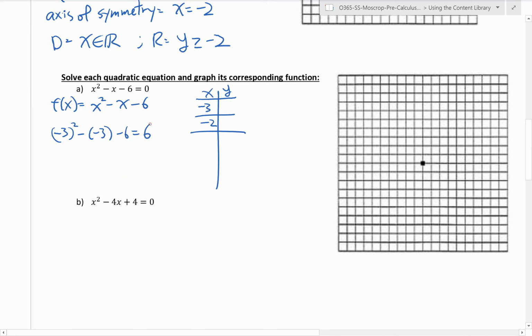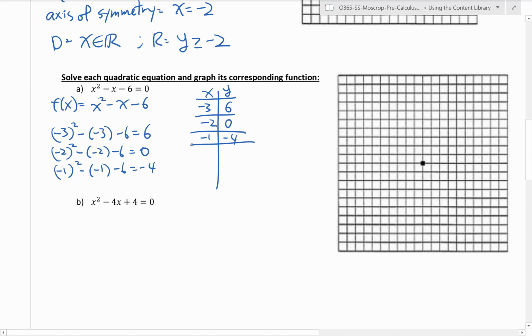This is 6. If I plug in -2, I would get 4 plus 2 minus 6, which is 0. If I plug in -1, I would get 1 plus 1 minus 6, so that's -4.